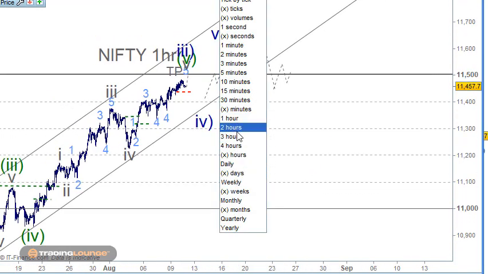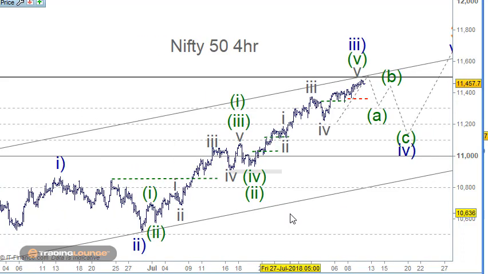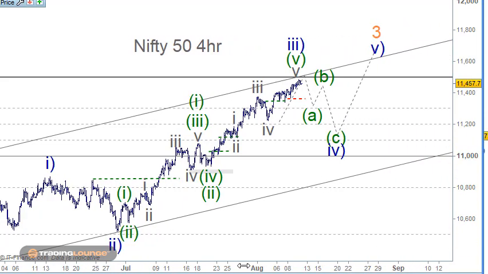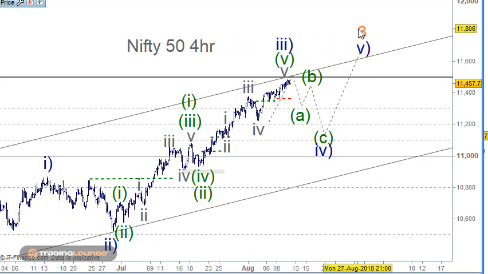So we can just go back to the 4-hour chart here. So yeah, that's where it can come back to here. I don't think it's going to come back to this point here, but it can. The reason I don't think it will is because of where it is in its third wave here.